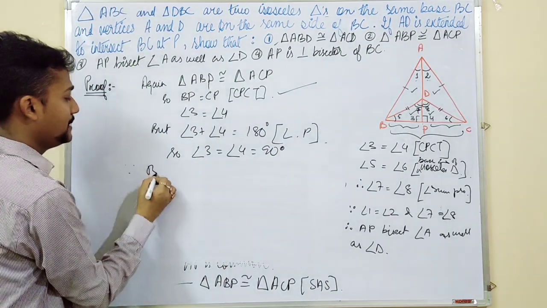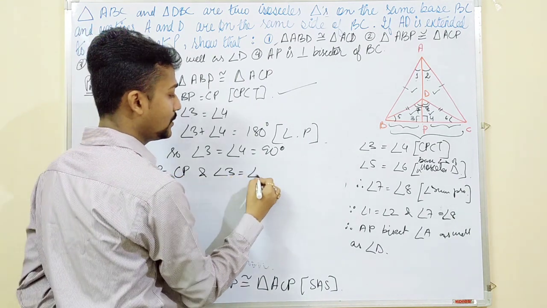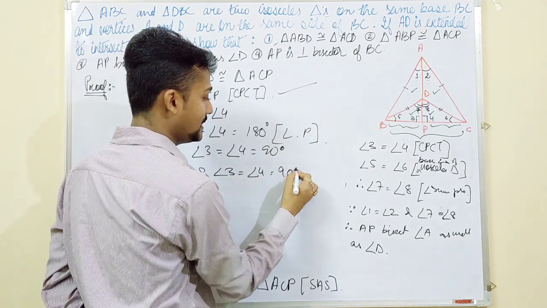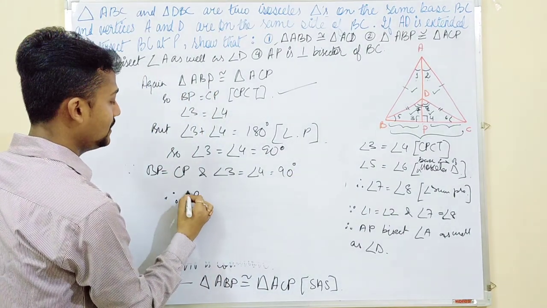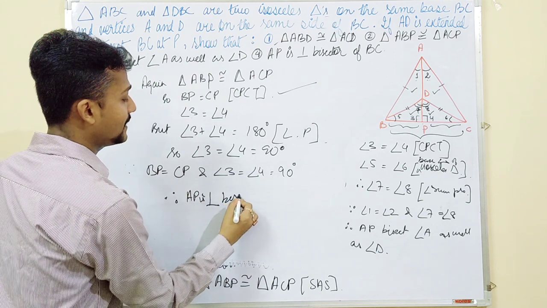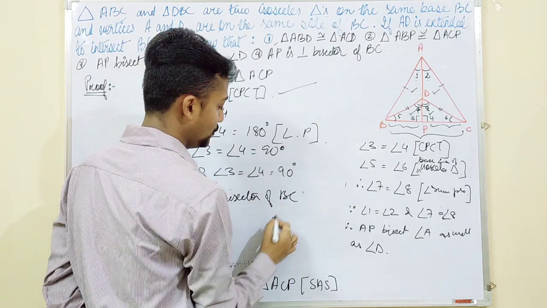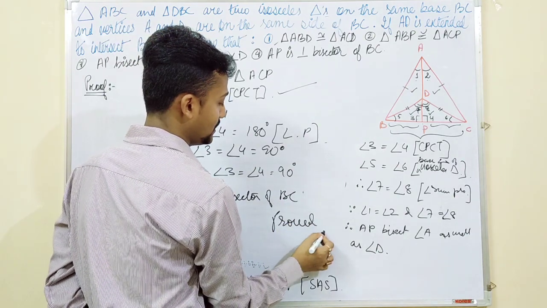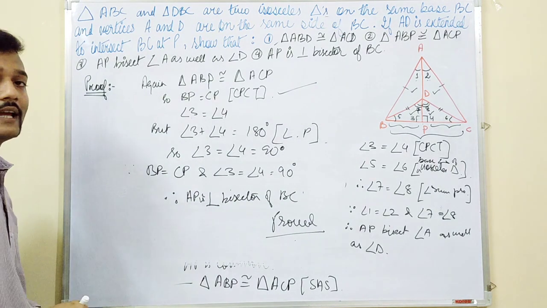Since BP is equal to CP and angle 3 is equal to angle 4 is equal to 90 degrees, therefore AP is the perpendicular bisector of BC. Proved. See the solution properly, try to understand it, and finish it off.